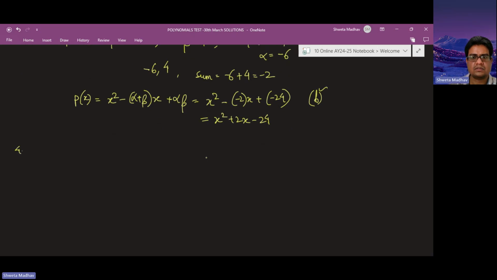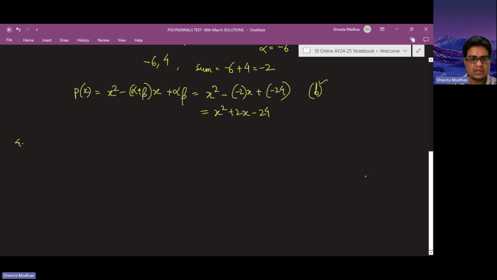Then in the fourth one, it's told that if 2 and alpha are zeros of 2x square minus 6x plus 4, then the value of alpha is. This is the given quadratic polynomial, and its zeros are 2 and alpha.